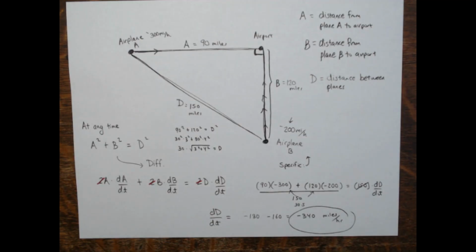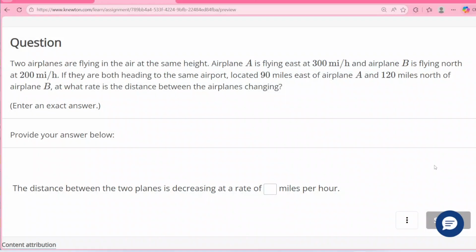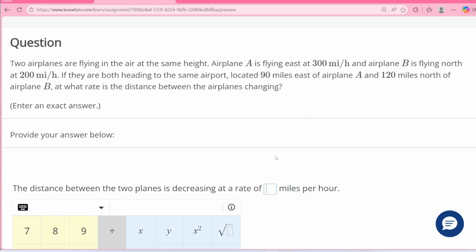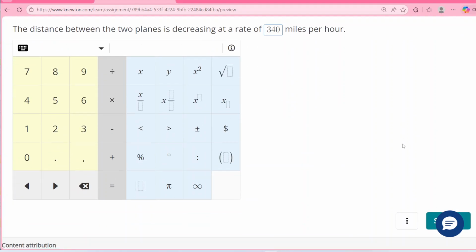That's how fast they're getting closer to each other. Now they already put the word decreasing. Right? The distance between the two planes is decreasing. So since they already say the word decreasing there, it's implied to be a negative. So I'm not going to put the negative there. I'm just going to put the 340.